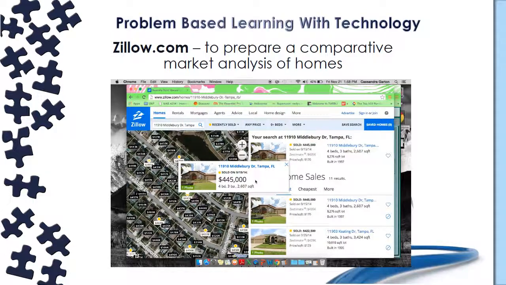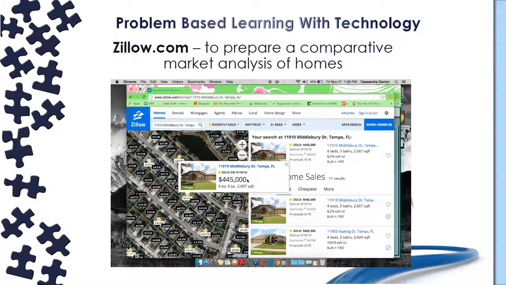So the students are going to make a PX equals Q equation to represent the price per square foot to the nearest hundredths place. So for our equation, our P is 2,607 and our Q is $445,000.